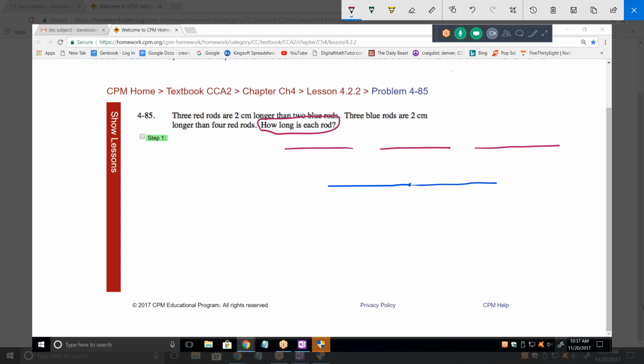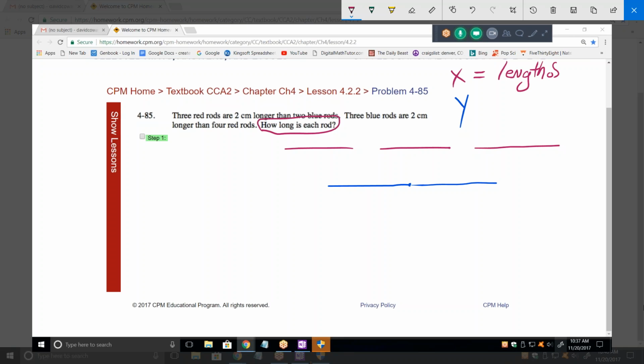Okay, let's let x be one and let y be the other variable. Now tell me what x is. When you define your variables, what does x mean? You can't say x is the red rod. What is x? X is the length of each red rod.